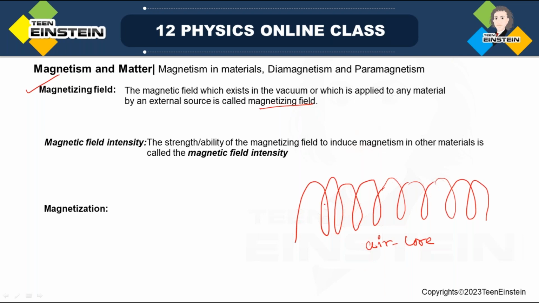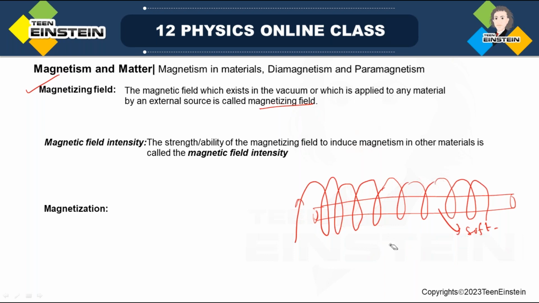If I take some soft iron and place it inside this solenoid, that means the windings of wire are made on the magnetic material and then current is passed through it. We'll see this soft iron core will be magnetized. If nothing is there, then it is called an air core solenoid.